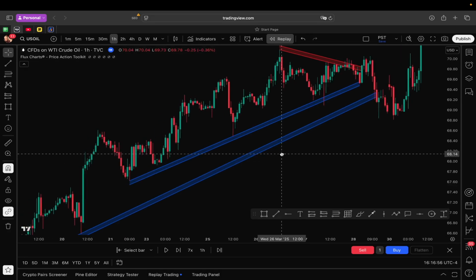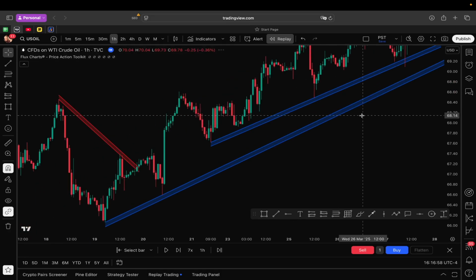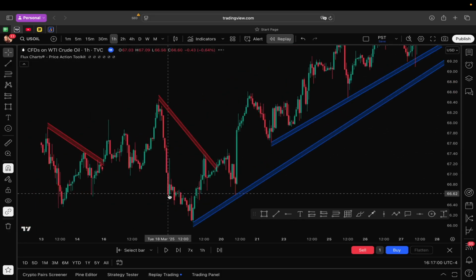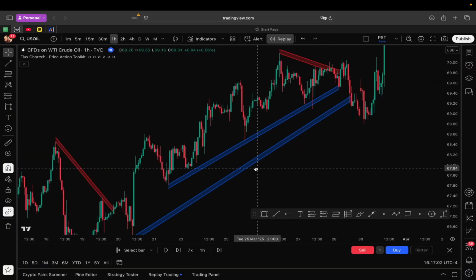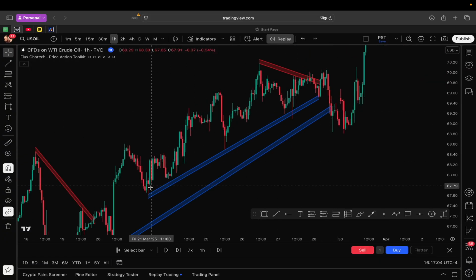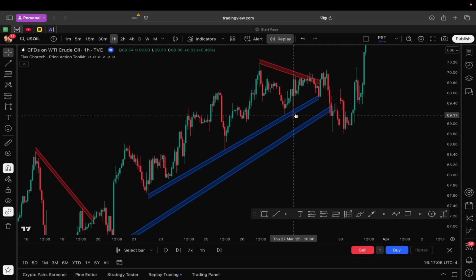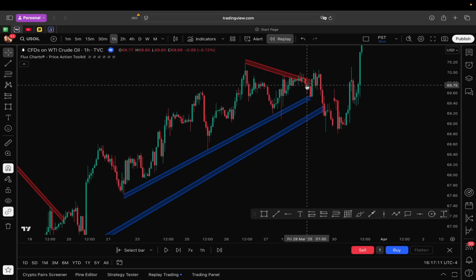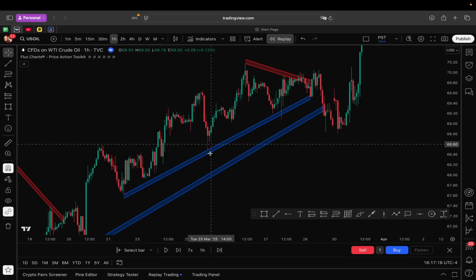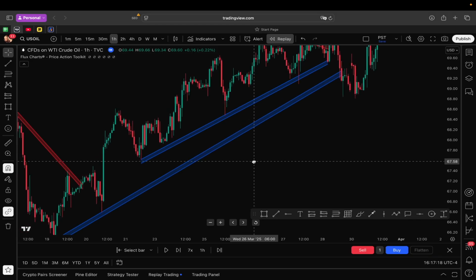So you can see the indicator plotted out 2 trend lines going from here, 1, 2, 3, then 1, 2, 3, and then 1 here at the top. So how can you approach this? So you can clearly see we are in an uptrend right over here.